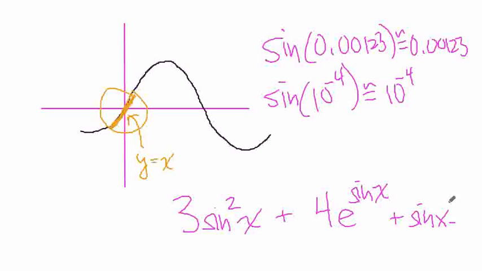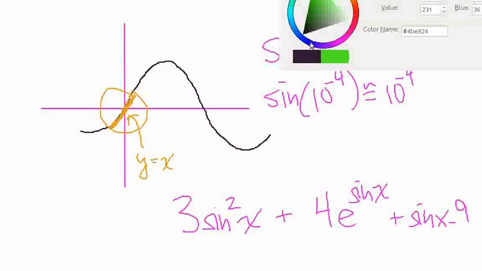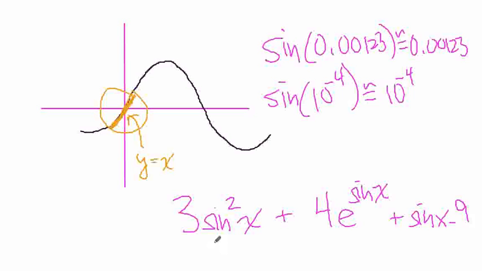If I knew that x was always small, I could immediately simplify all that nightmare by replacing sine x with x. So I might simplify this to 3x squared plus 4 times e to the x plus x minus 9. A little bit nicer.